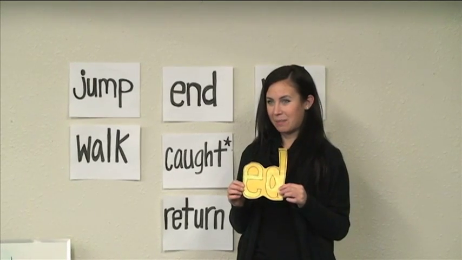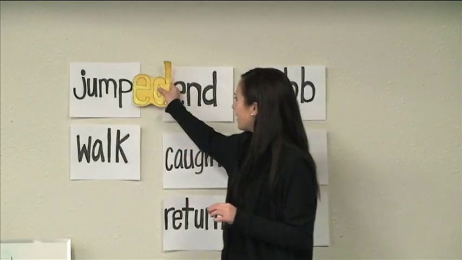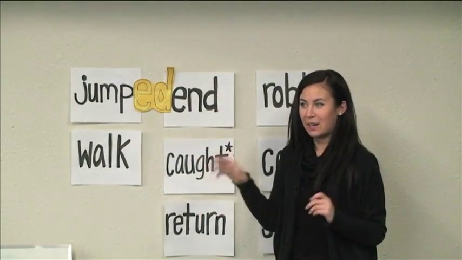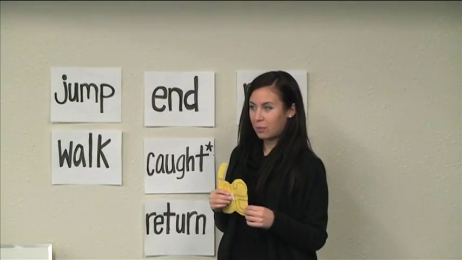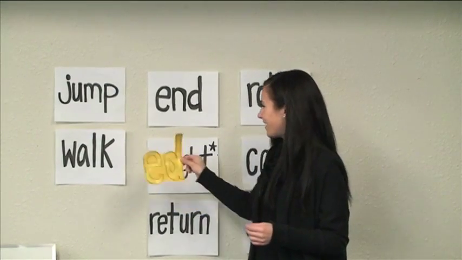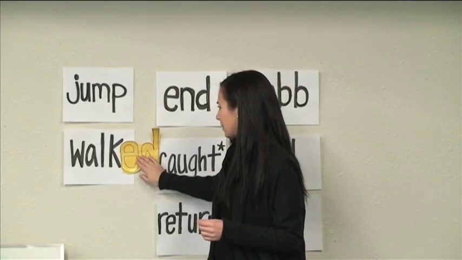On the beginning, on the end? The end. So right here, he jumped over the fence. So that means it's in the past, right? What about the other one? He walked for 20 kilometers. Right here? He walked for 20 kilometers.